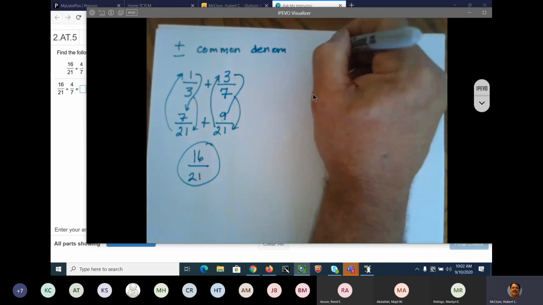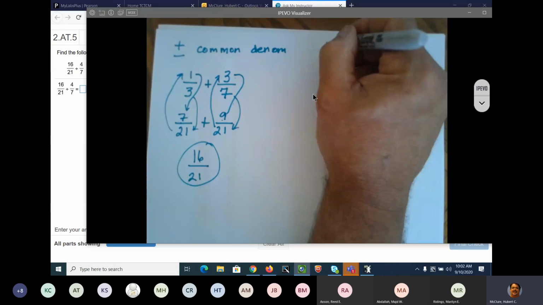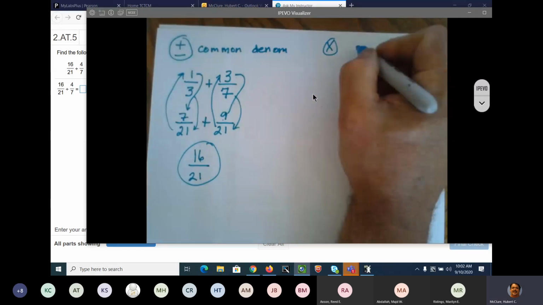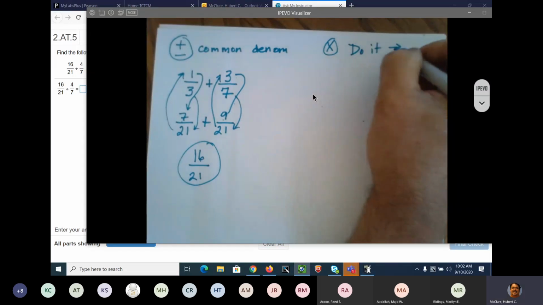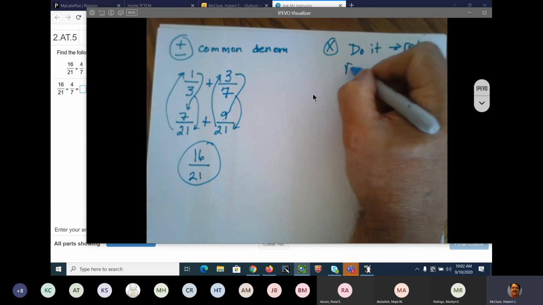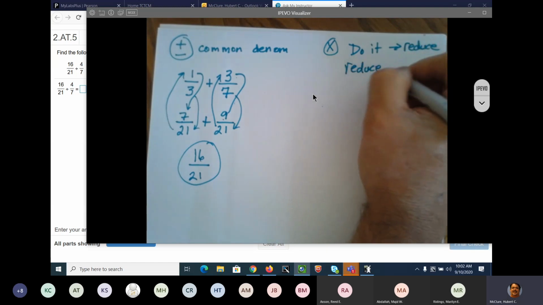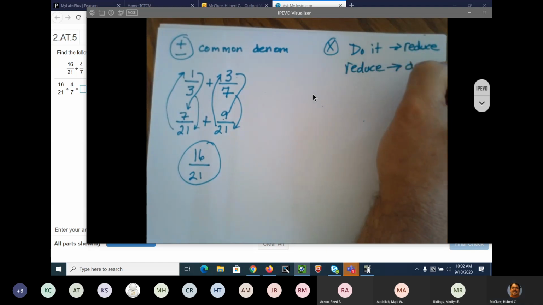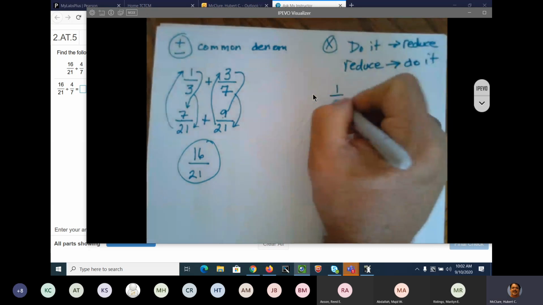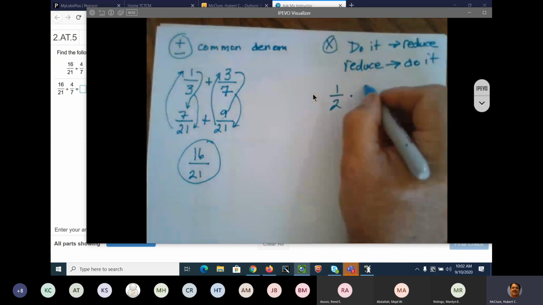Multiplication and division. Well, multiplication of fractions, you either do it and reduce, or reduce and do it. So let me give you 1/2 times 4/3.